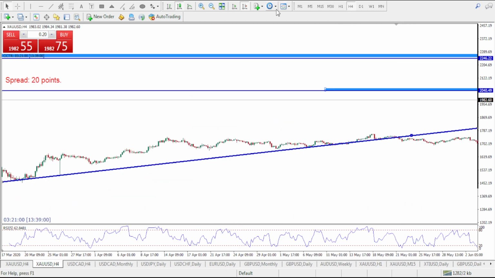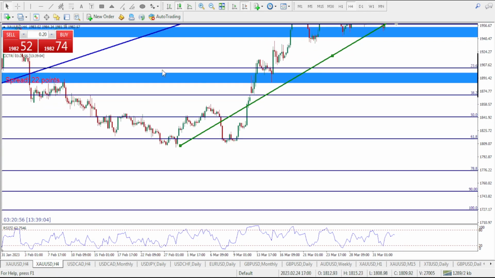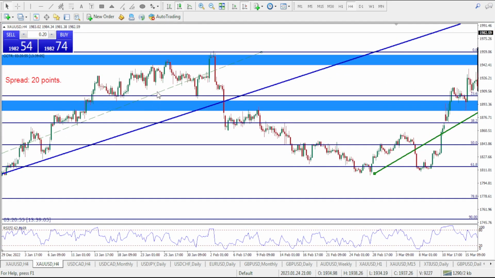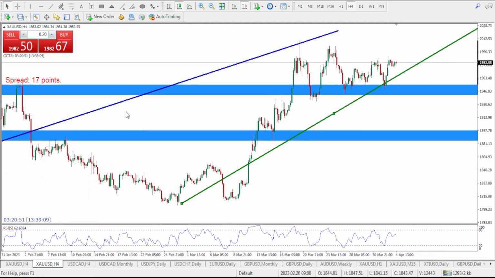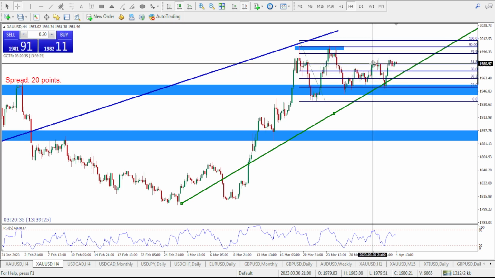Now let's see the H4, right? The H4, if you see this one followed by a retracement, 61.8% retracement, just like in my video I have told you to take it. 300 pips, very nice.